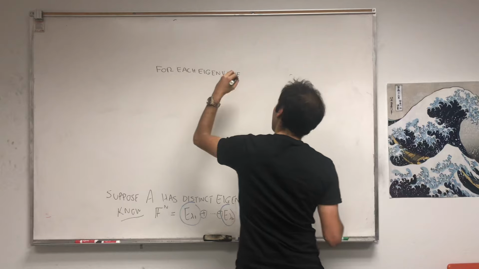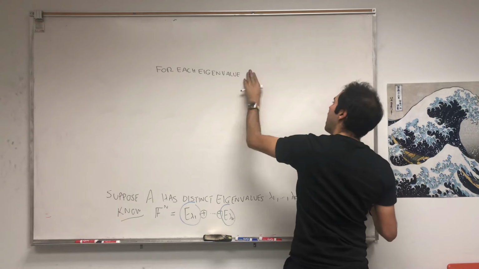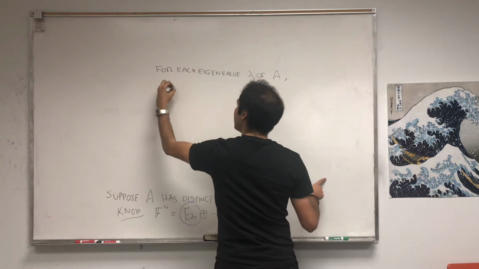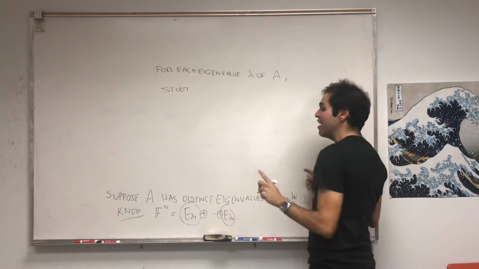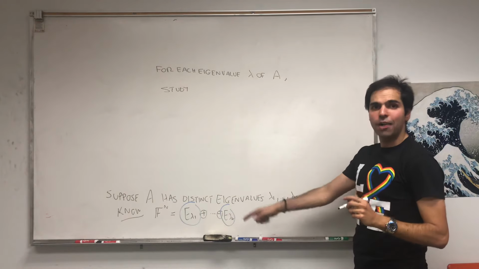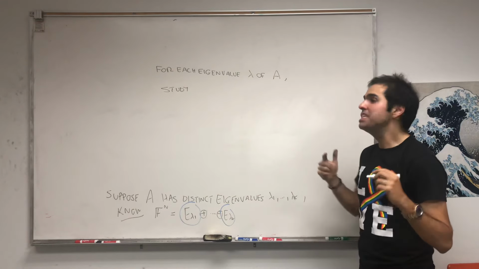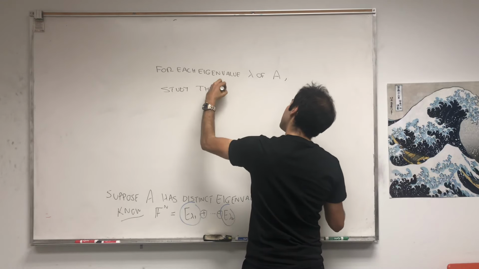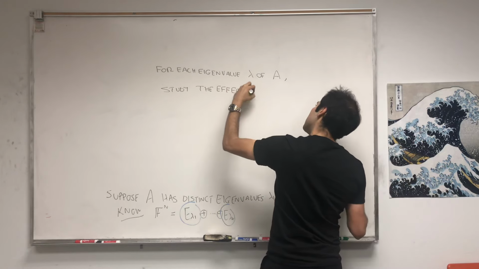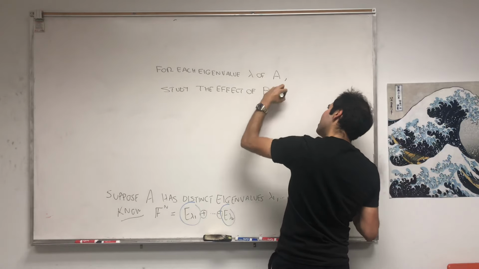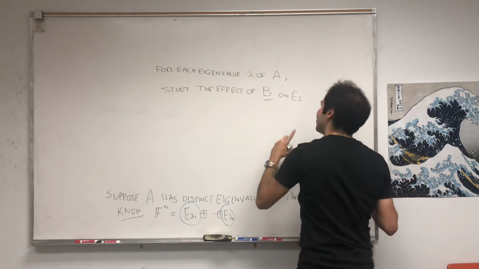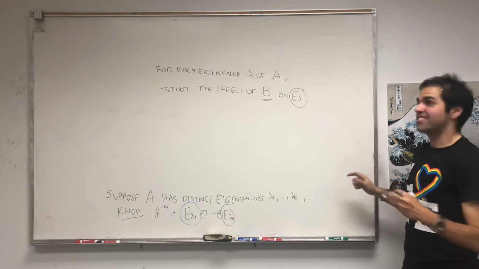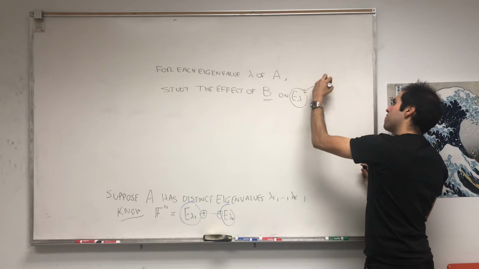For each eigenvalue lambda of A, study not the effect of A on E of lambda, but the effect of B on the eigenspace, of B on E of lambda. So it's kind of interesting. We want to see how B acts on the eigenvectors of A.